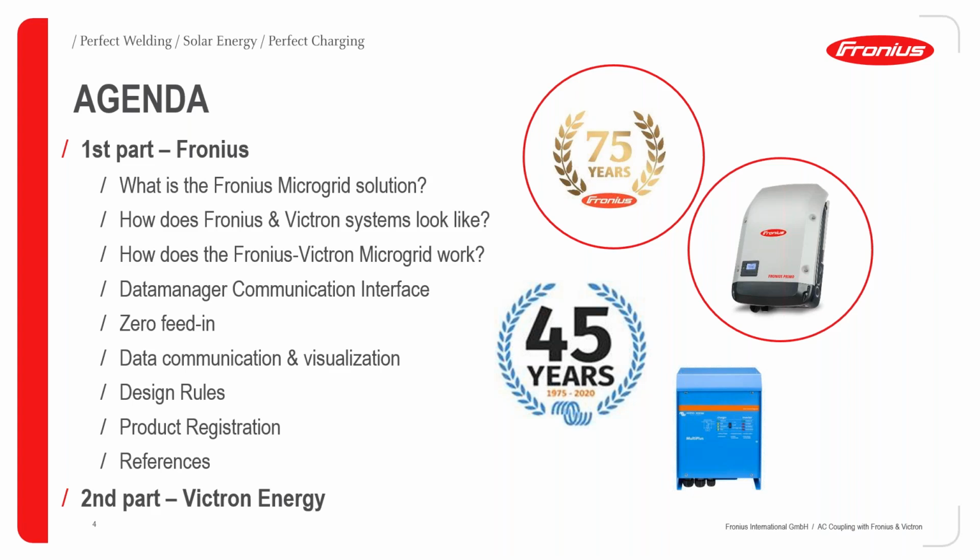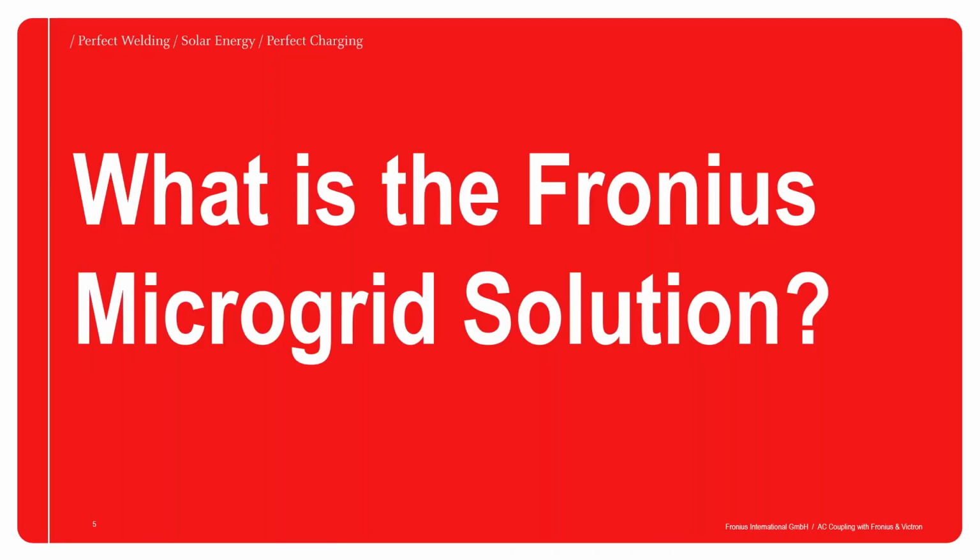We'll go through the data manager communication interface, zero feeding, data communication and visualization, design rules, product registration, and references. Afterwards, Andre Durand and Clement will continue with the Victron part of the presentation. So without further ado, let's delve into the presentation itself.